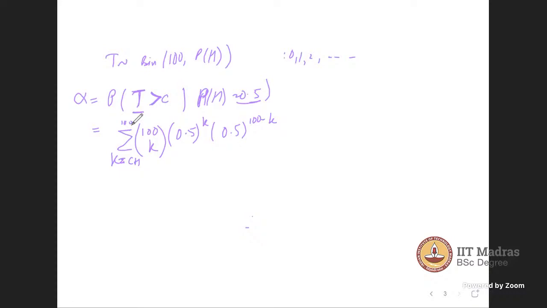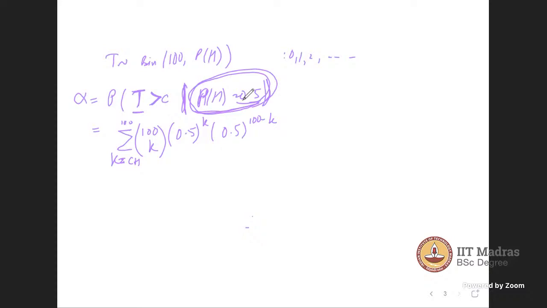Ma'am, in the given conditional probability equation, won't we write that as probability of T greater than C intersection probability of H equal to 0.5, upon probability of H equal to 0.5? Yeah, that is fine. If you already know that probability of H is 0.5, you can just substitute it there.